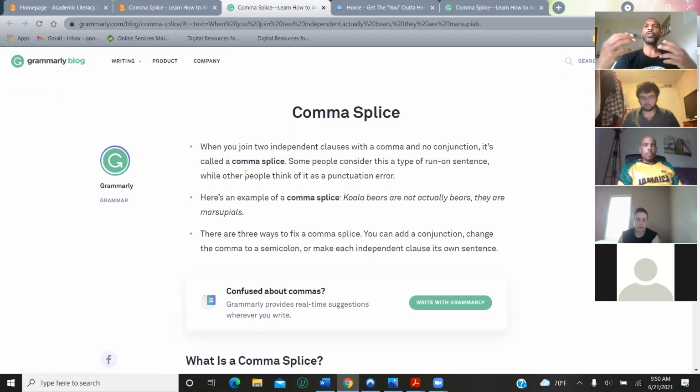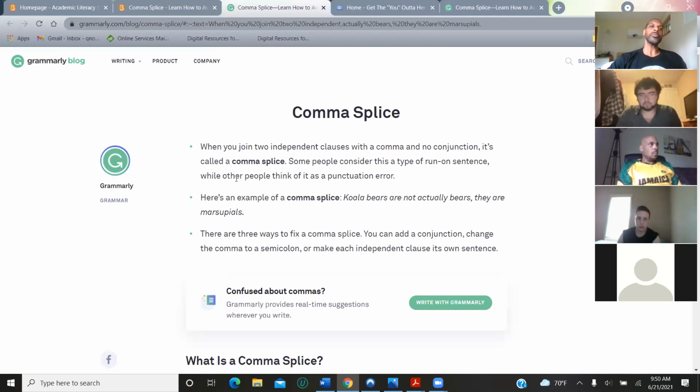Even if you're continuing to struggle with comma splices, the fact that you know that's an issue for you, that's progress. Because the next step after that is finding them and fixing them. But it begins with understanding, I know what a comma splice is, and I know I have this issue.